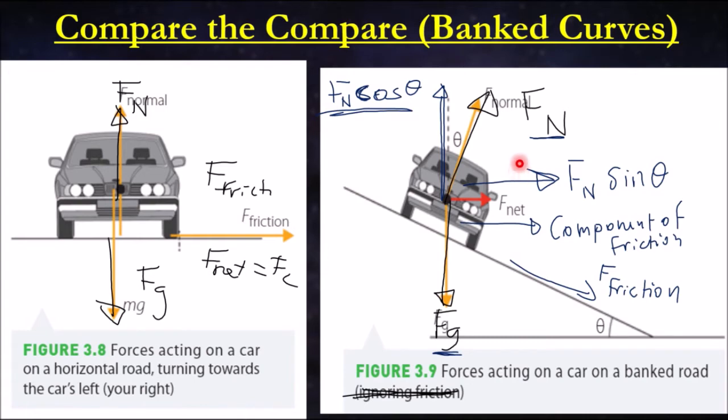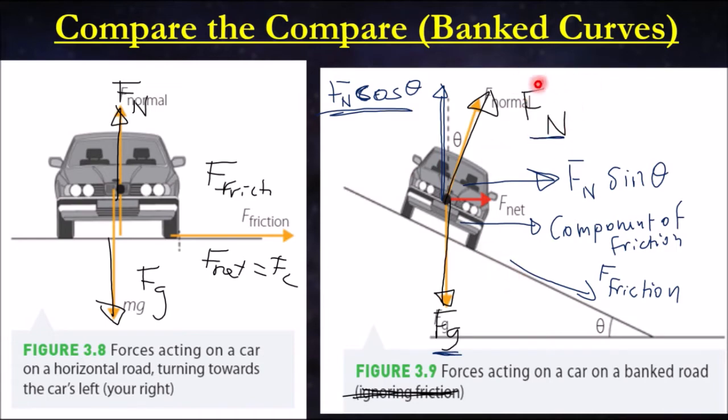For a banked curve, we generally ignore friction, but the question we're going to go through, and it's a more complicated one, is what if friction was involved? This is only one example, just to cover if there are questions that include friction. If there aren't, then that's awesome, but sometimes it might occur.